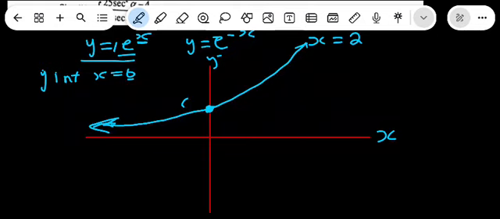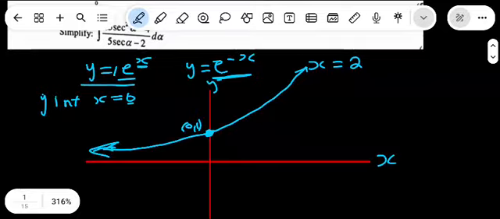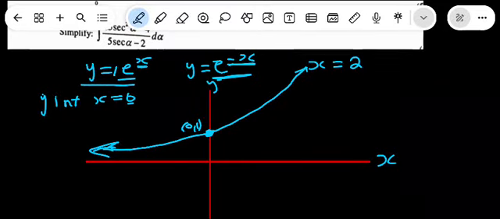It's (0; 1), the coordinate there. So what about this one? When you have a negative on the exponent, that means it is reflected at the y-axis.